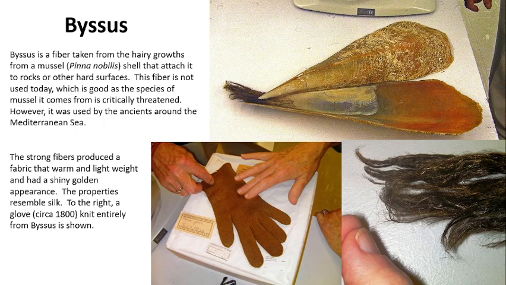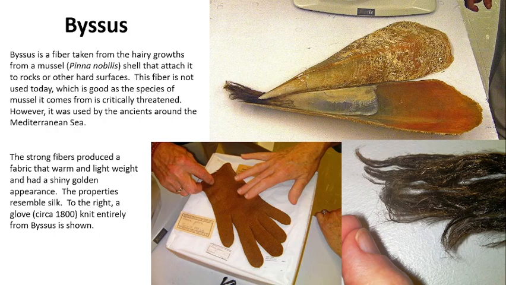You can eat them. They're tasty when steamed in wine and garlic. But the specific mussel species, Pinna nobilis, shown here, has a very long byssus, as shown here and close up over here. These fibers are quite hairy and are used by the mussel to attach it to rocks and other hard surfaces.